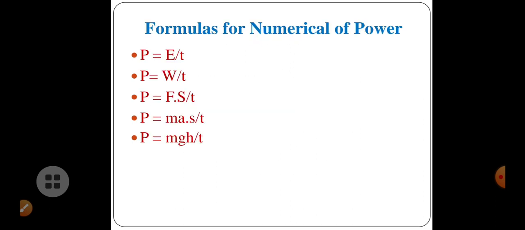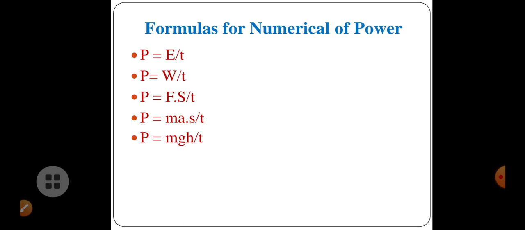Now, these are the formulas which will help you in solving the numericals of power. So beta, as we discussed, power is equal to energy by time, or power is equal to work by time. It's not necessary that in each and every numerical the value of work or energy is given. Maybe in questions they give the value of force or distance, or they give the value of mass, acceleration, distance, time separately.